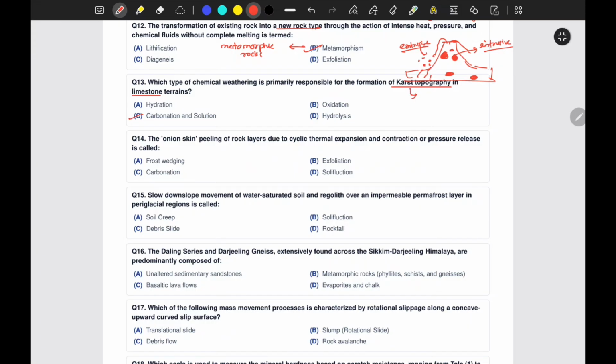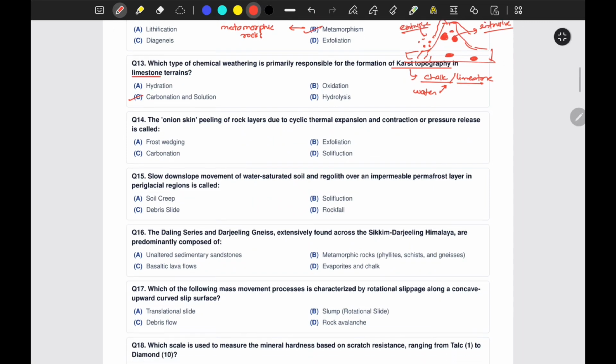Okay, karst topographies are found where the landforms are made of chalk or limestone. See, what happens is that when water acts on the landforms made from chalk and limestone, it dissolves, and hence gives rise to the formation of different landforms.